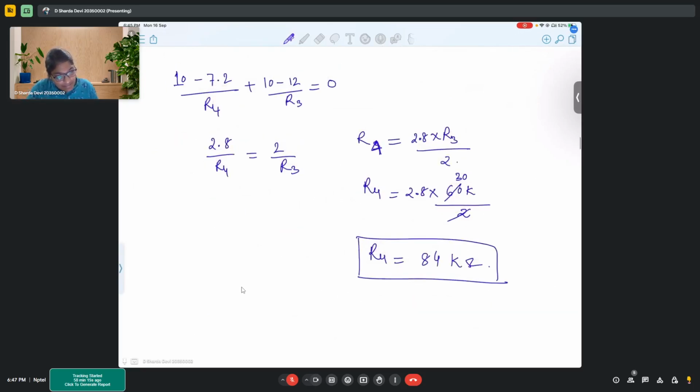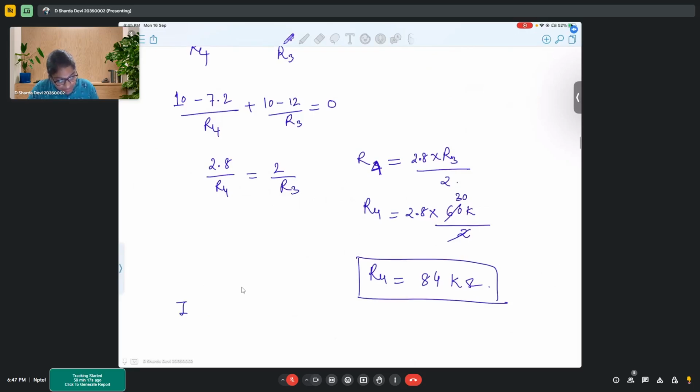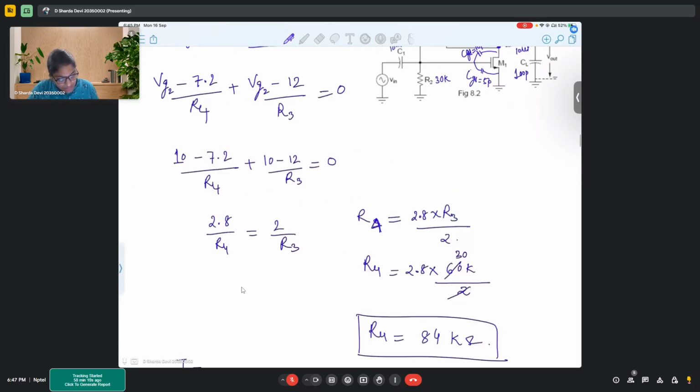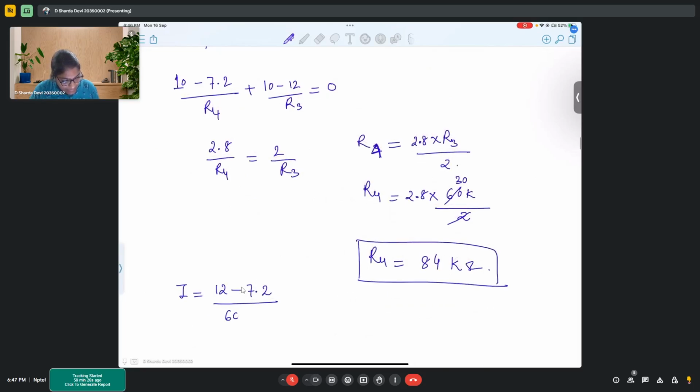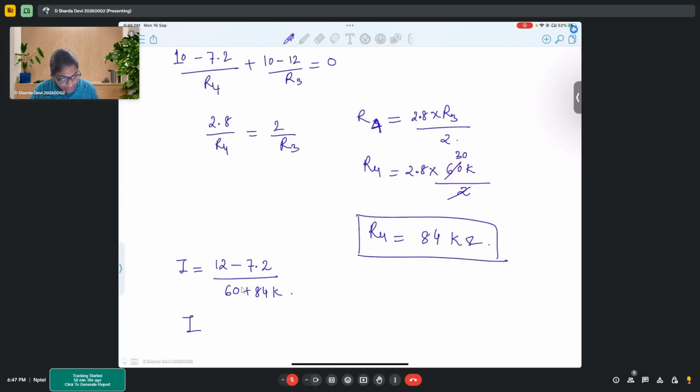84 kilo ohms, right? Now, if I talk about the current that is flowing through this, how much would it be? So it is 12 minus 7.2 by 60 plus 84K. So what is the current that you are obtaining from this?